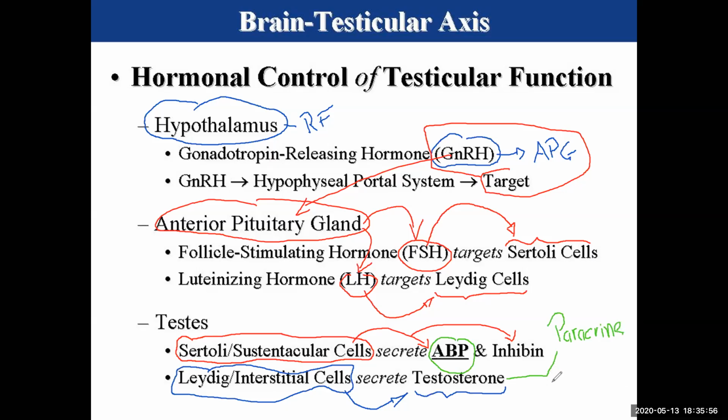It is also released in the bloodstream, so it is also acting as a hormone. In this case, testosterone functions both as a paracrine signal and as a long-distance chemical messenger that we call hormone, because it will be released into the bloodstream, right? And we'll talk about this evidence, testosterone being released into the bloodstream, on the next slide.